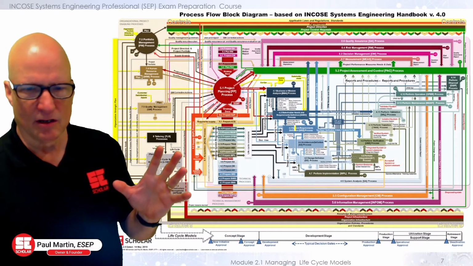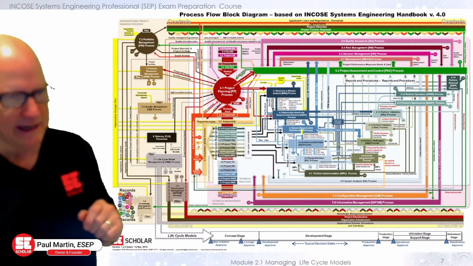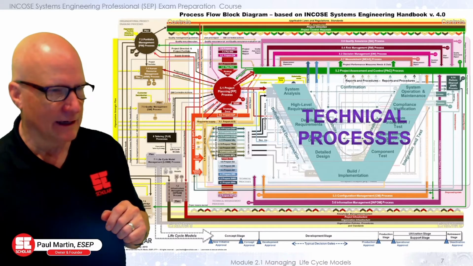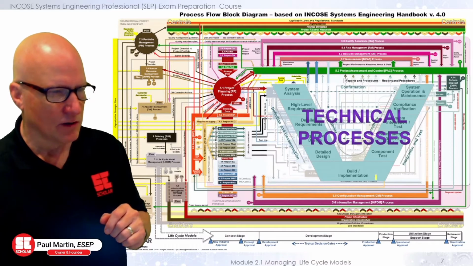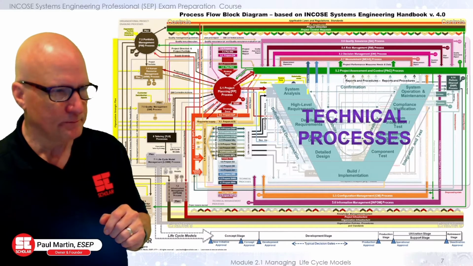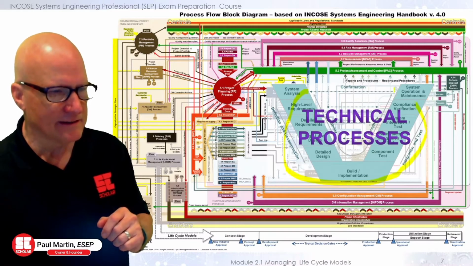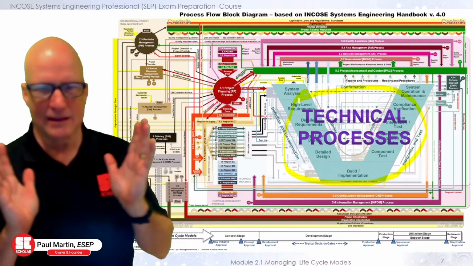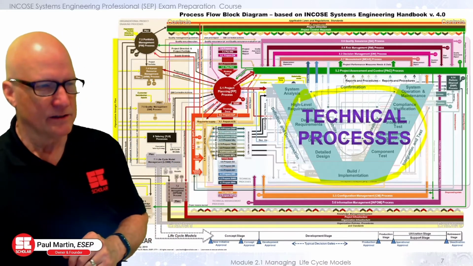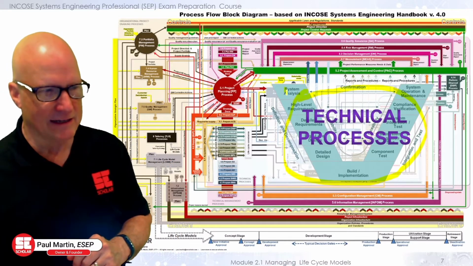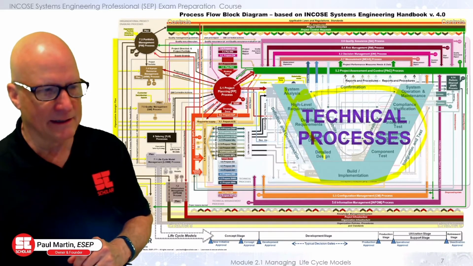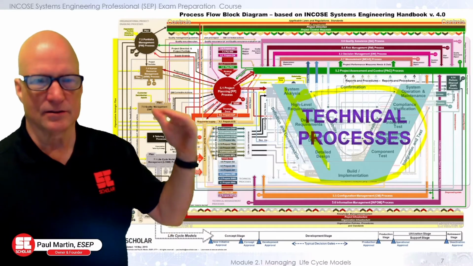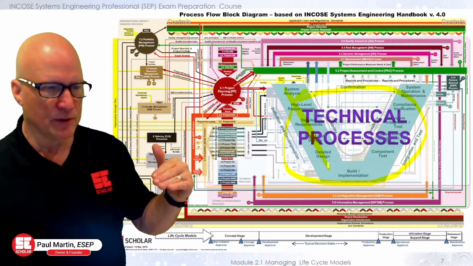To give you a good sense of how this chart is laid out, I have the technical processes right here in the center. And I've laid out the technical processes as the classical V. The technical processes deal with analyzing, figuring out your requirements, figuring out the architecture, getting your design all put together.